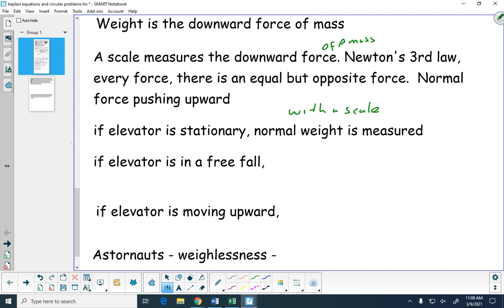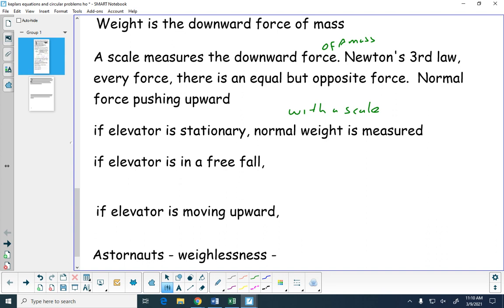What happens if the elevator is going down in a free fall and you step on the scale? What do you think happens to your weight? Yeah, much less. Why? Because there is no force pushing back upwards. If there's no force pushing back upwards and you're just dropping, you don't weigh much.